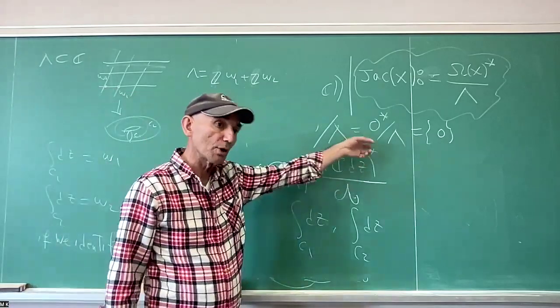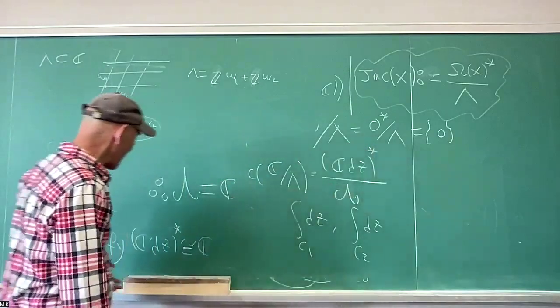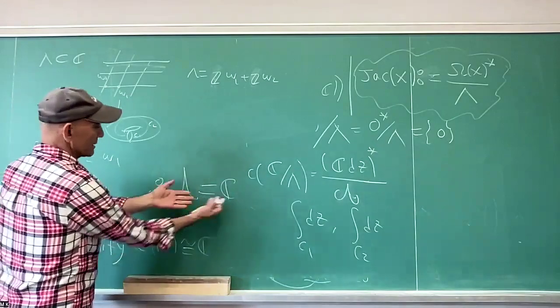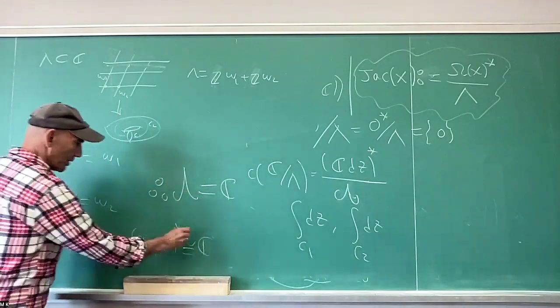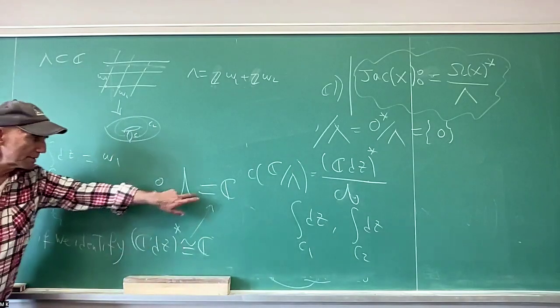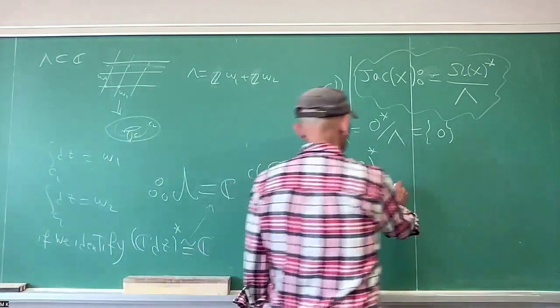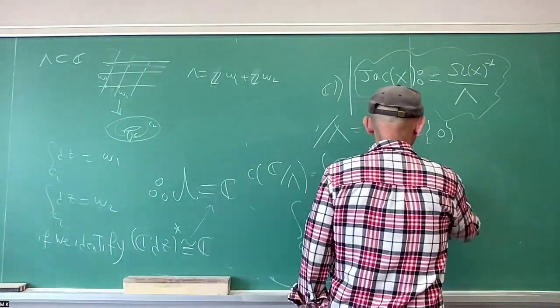So in the dual, I can canonically identify C star with C. If you do that, then this lattice is really the same as this, under this isomorphism. Under this isomorphism, this lambda is equal to the lattice. So this is isomorphic to C over lambda again.